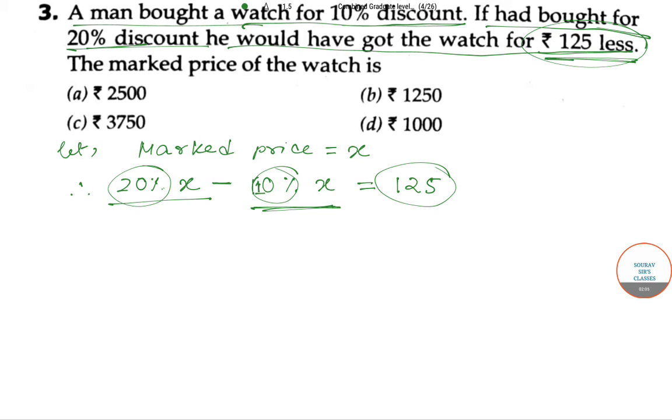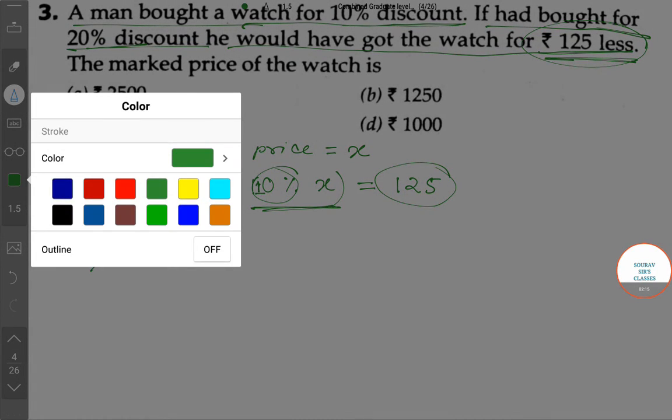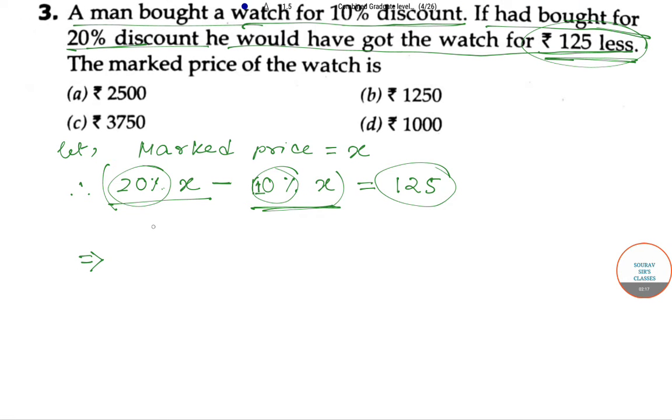So now if we solve it, I'd like to change my pen color. Here, from 20% to 10% of the marked price is 10% of X, that is the marked price, right? Now that equals 125.